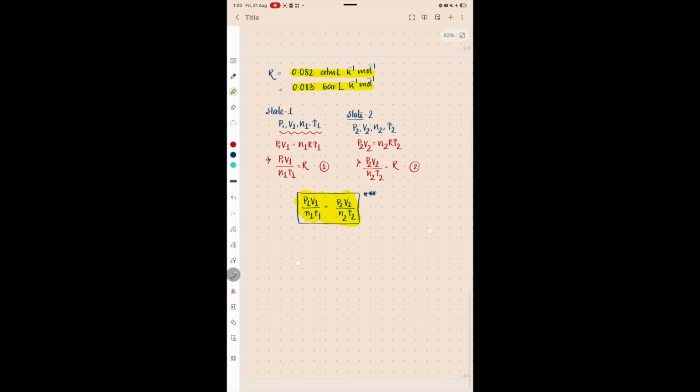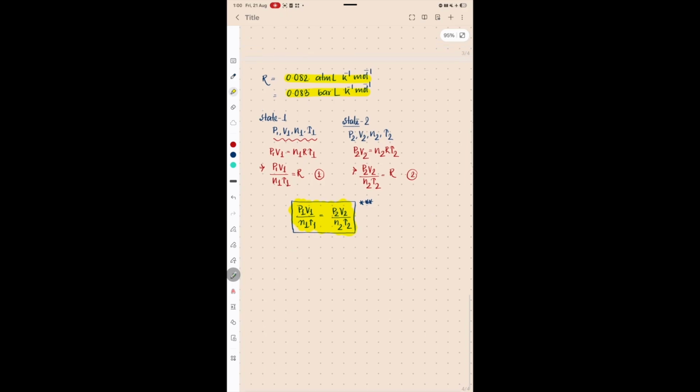Now in the gaseous state you must remember that there are many laws like Boyle's law, Charles law, Gay-Lussac's law, Avogadro's law. Now from this equation we can actually define all the laws. Okay, so let's start. Let's say at constant moles and temperature, what will the equation be?